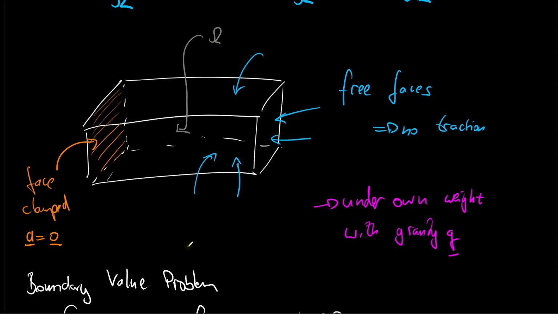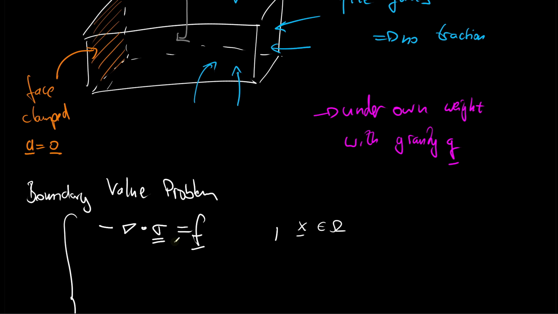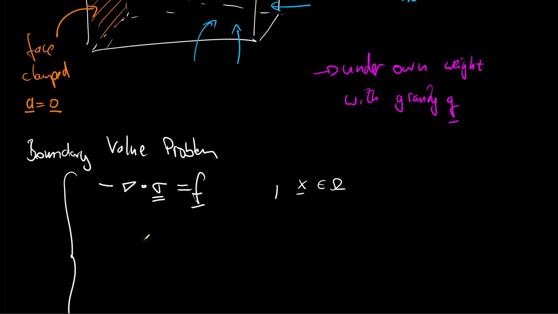Now we have a PDE for sigma, which is the Cauchy stress tensor, but the primary unknown in linear elasticity is the displacement vector. So actually there is no u in our PDE, right? And that's where the other two sub-equations came in that you might have seen in the previous video as well, which are needed in order to go from u to sigma.